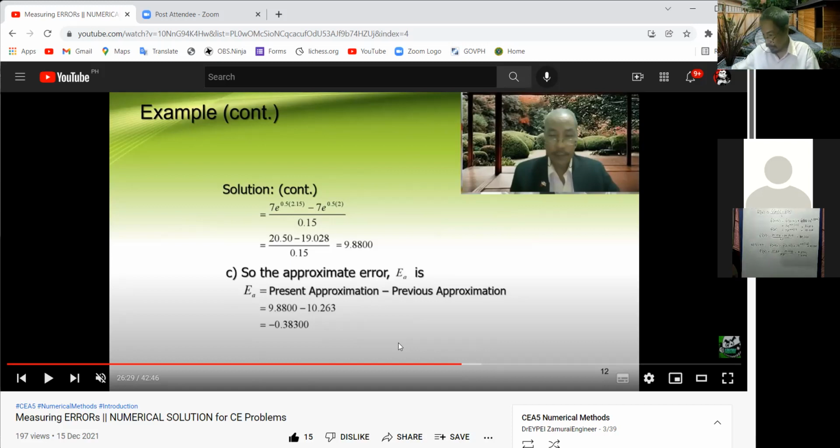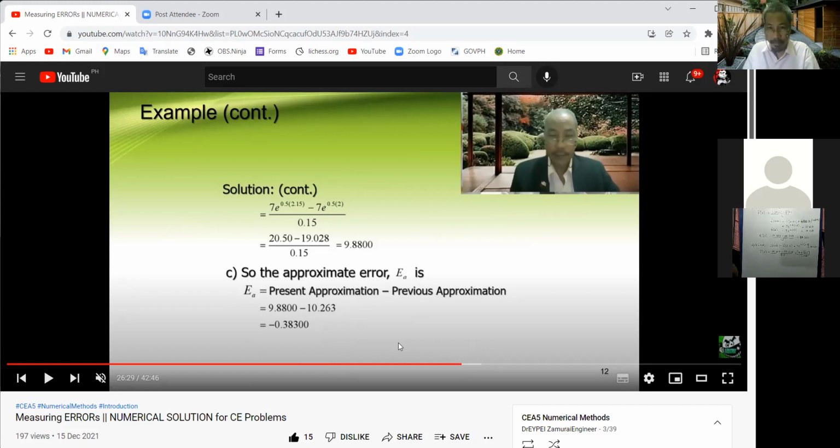The 5 significant figure answer is 9.8797. We have to round at the 5th significant figure. His answer 9.88 is correct if we are doing 3 significant figures.